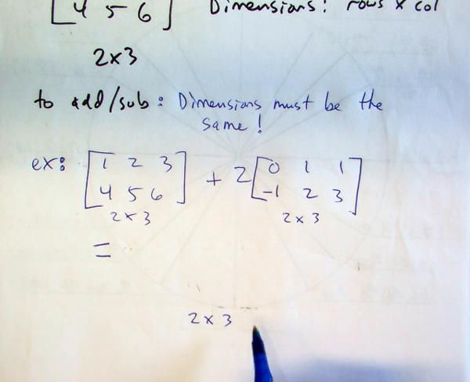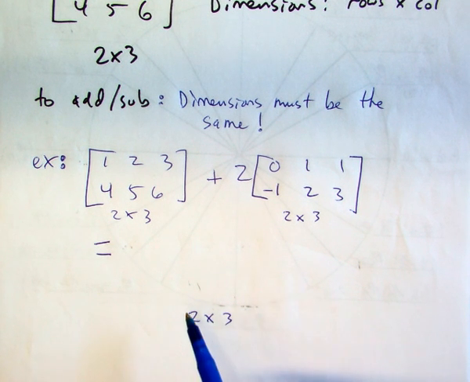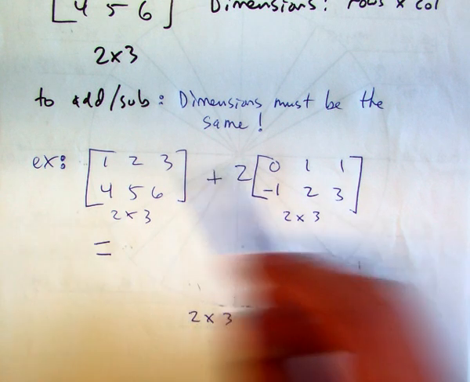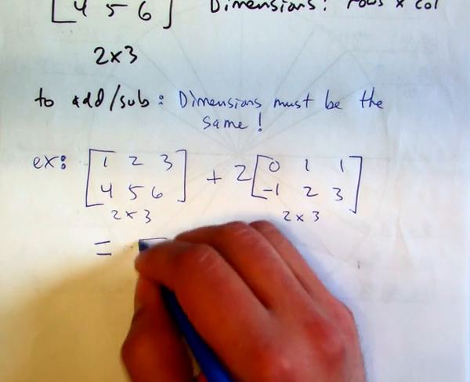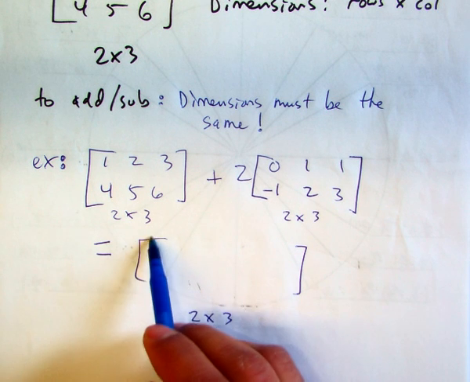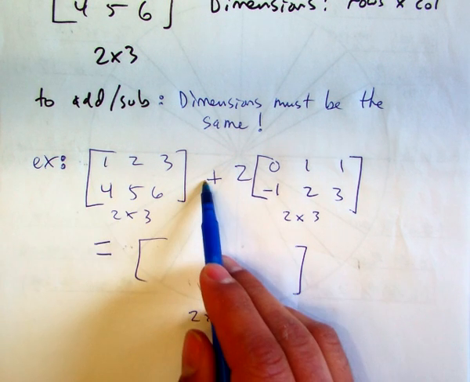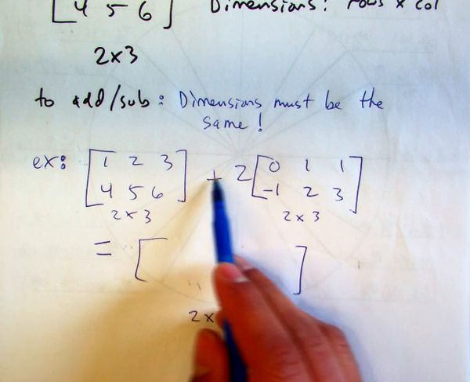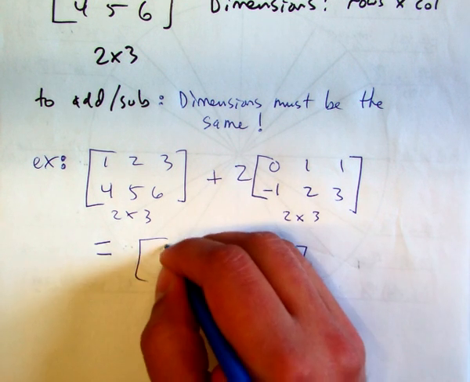And addition and subtraction is very easy. Do you guys remember how you did that? Match them up. Yeah, same spot. Match everything up and then add everything up, right? So here in my first row, first column, I would do 1 plus what? 0. 2 times 0 is 0. So 1 plus 0 is 1.